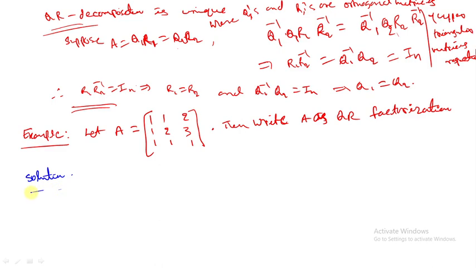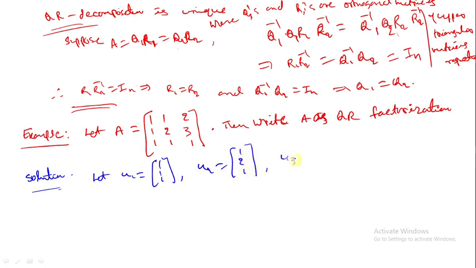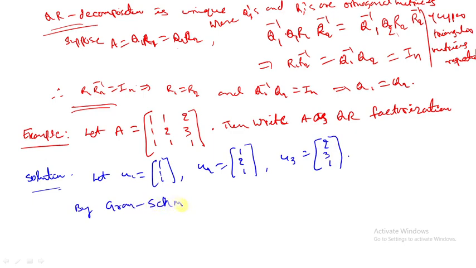Now for QR factorization we require orthonormal vectors, so use the Gram-Schmidt process. Let u1 equal to (1,1,1), u2 equal to (1,2,1), u3 equal to (2,1). By the Gram-Schmidt process you can find orthogonal vectors.